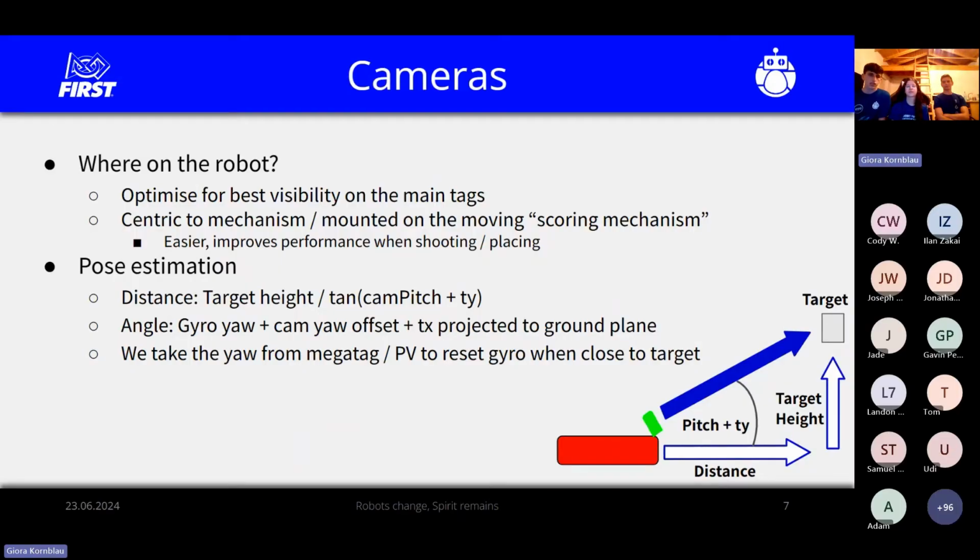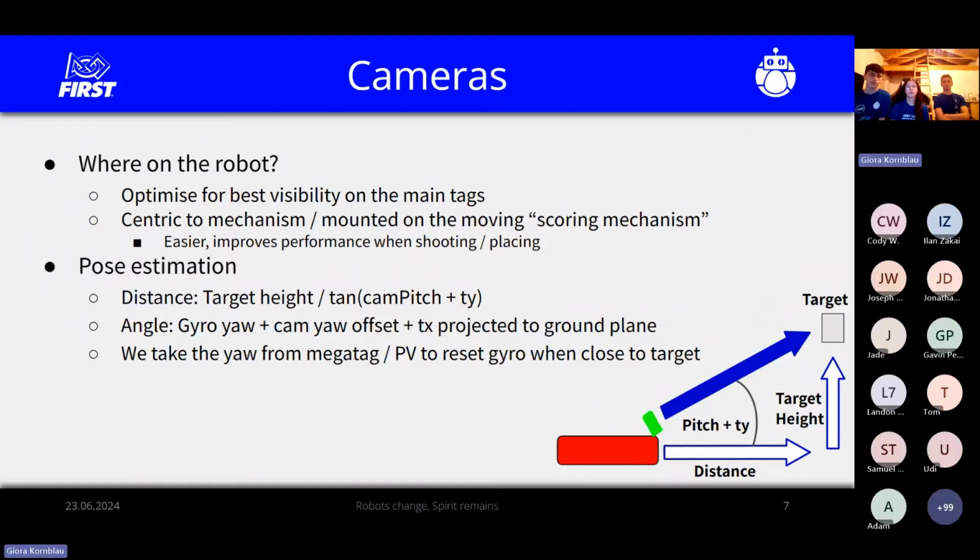But our calculation is we calculate the distance from the pitch and the ty that we get, which is the angle from the middle of the frame to the target, and we get the angle towards the target by our gyro and the tx, which is the angle in the x-axis towards the tag.